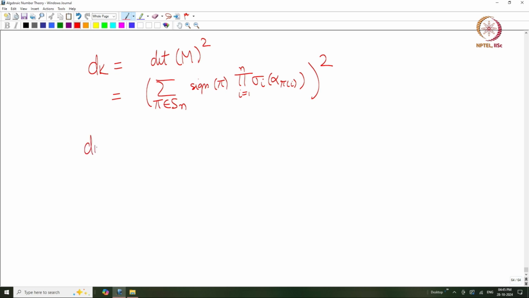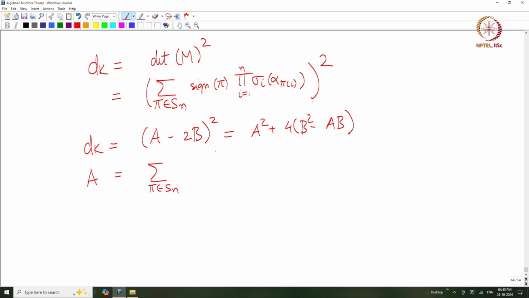Nevertheless, you can write this dK as (A minus 2B) squared, which is A squared plus 4B squared minus 4AB. But what are these A's and B's? Well, A is simply this thing without the sign. So, you take the summation over pi in Sn, you forget about the sign, and you just write this.